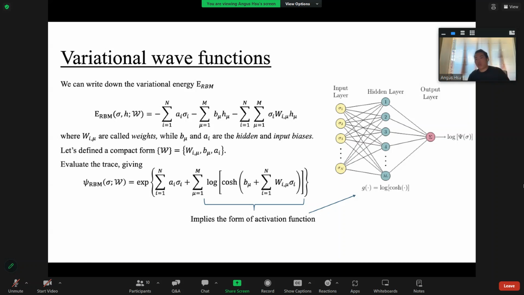Now you just need to play around: given a certain spin configuration, binary 1010, you simply vary a_i, b_mu, and all these variational variables to find the lowest energy. This configuration will give you the ground state wave function. Nothing new, this is just an RBM.